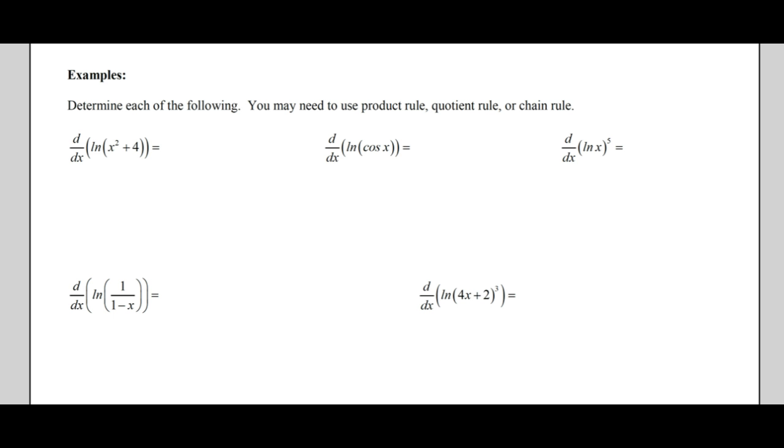So 1 over x squared plus 4. What else do we have to do? Got to use the chain rule, right? What's the derivative of x squared plus 4? 2x. So what do we get? 2x over x squared plus 4.